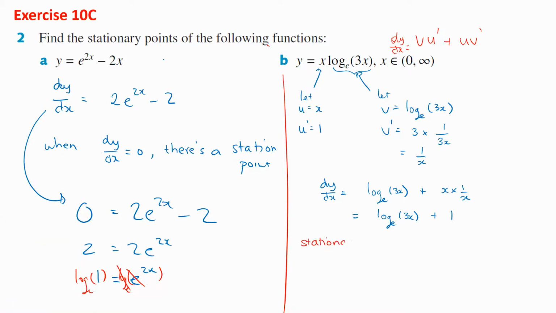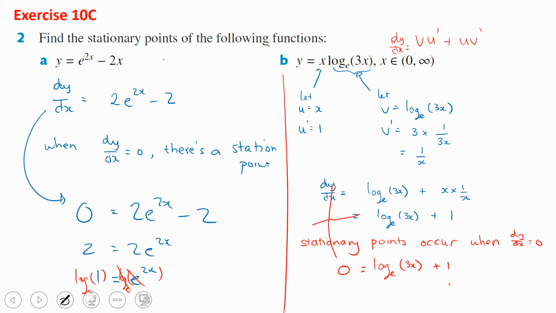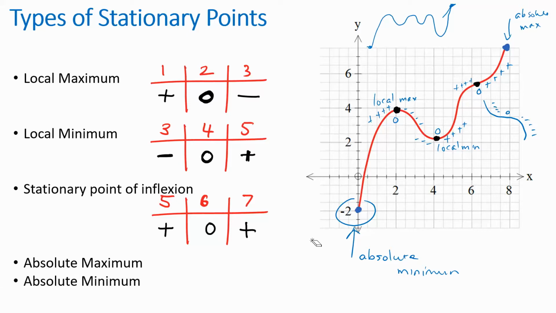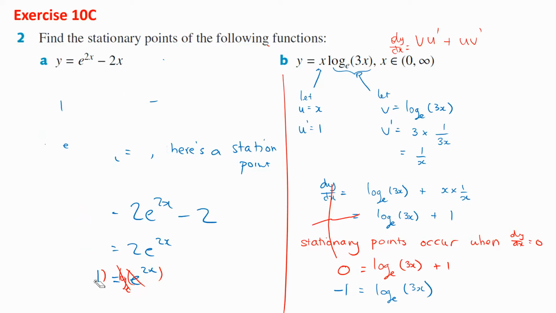Either the 3x equals negative 1. That was the first time. Can you do that by hand?